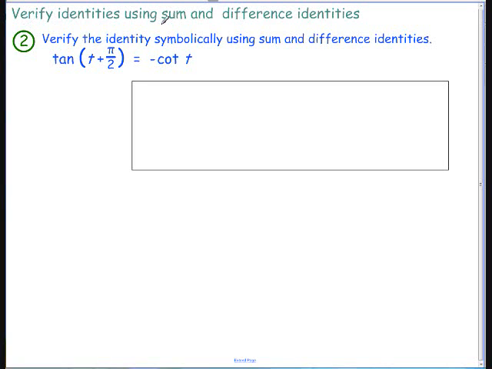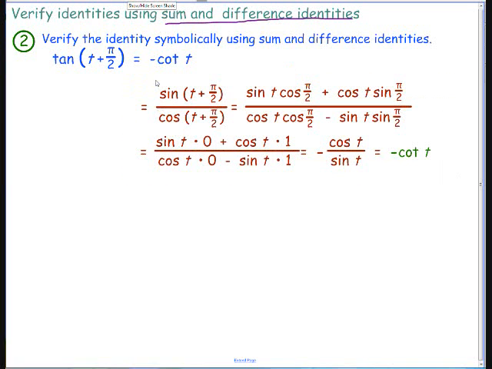Verify identities using sum and difference identities. So we're going to verify this identity: the tangent of t plus pi over 2, or 90 degrees, equals negative cotangent t. How does that work?